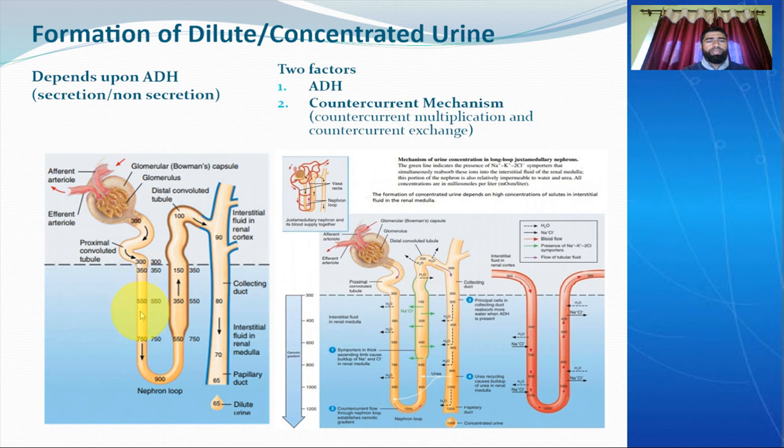When the fluid descends down, water is reabsorbed here, and in this portion ions come out and it is impermeable to water. And here, if ADH is present, the water is reabsorbed. If ADH is not secreted, water is not reabsorbed.